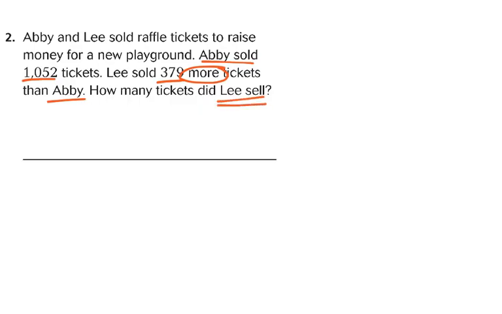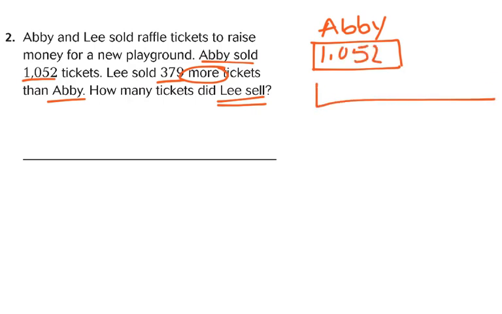So here we have Abby. There's Abby. And Abby sold 1,052 tickets. Then we have Lee down here. Lee sold 1,052 tickets, and then he sold 379 more than Abby, which means he sold that many and some more.